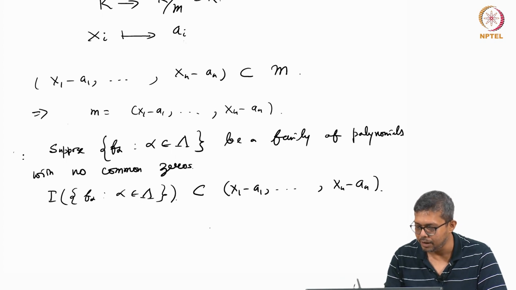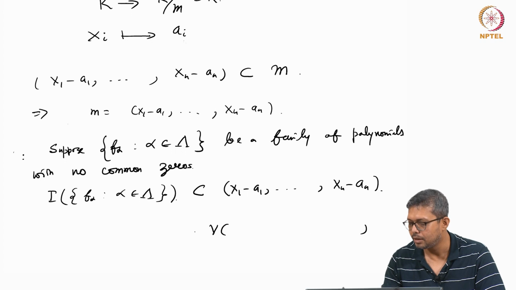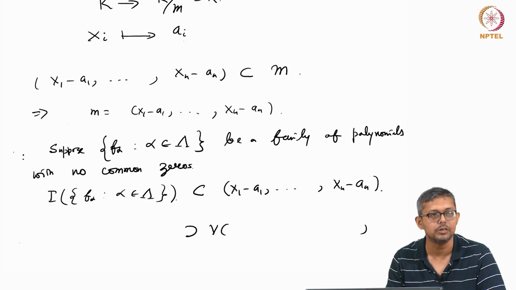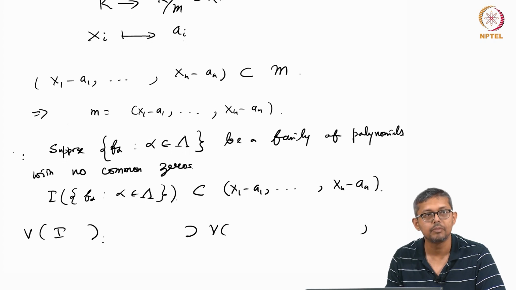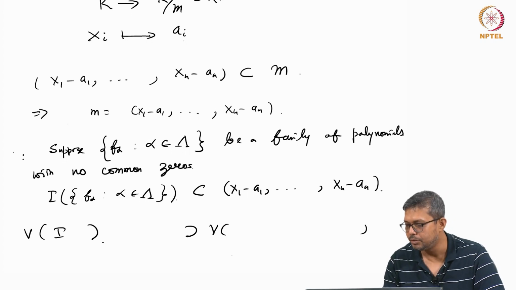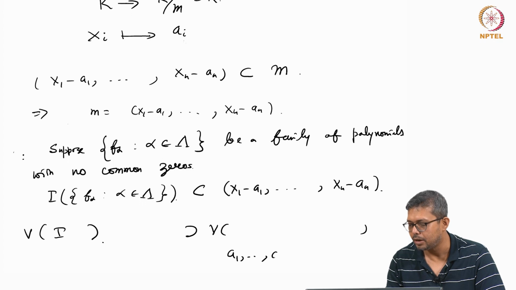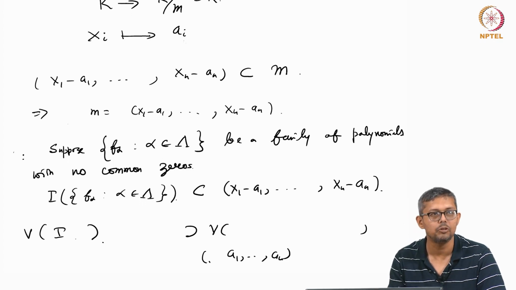Now, if I take V on both sides, then this is the empty set, this will be V of I. But V of this is nothing but the point (a1, a2, ..., an). So that will say that (a1, a2, ..., an) is a solution, it is inside V of I, but that is a contradiction, right?